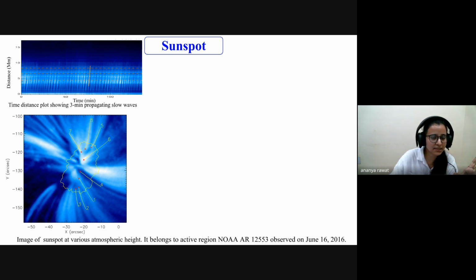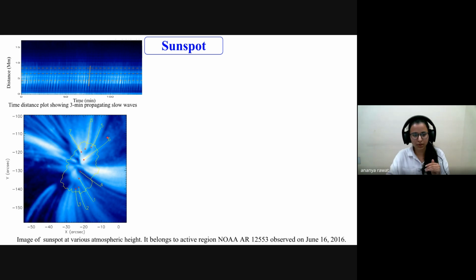The slope of this time distance plot gives us the speed of these waves, which came around 6 km per second, which is less than the speed of sound in the corona. So that is why we know that these are slow magnetoacoustic waves, and we can determine the period of these waves as well. So these are 3 minutes. So in the corona, 3-minute slow magnetoacoustic waves are propagating along these loops.